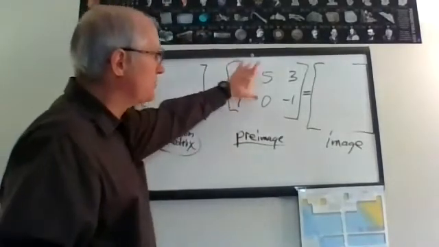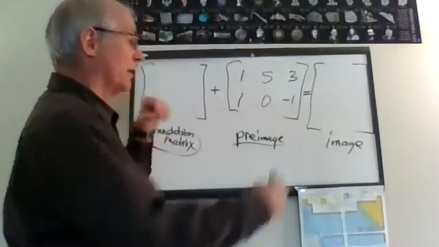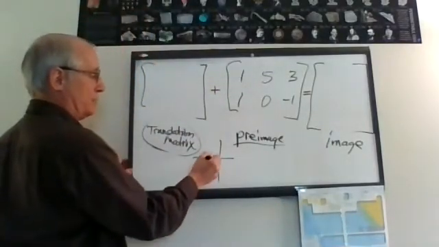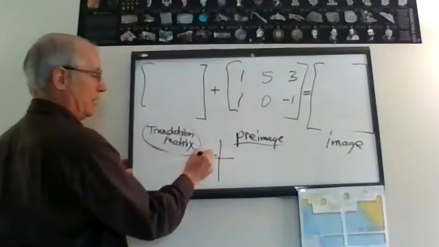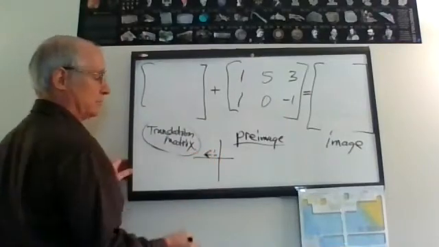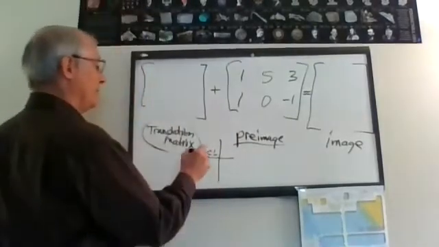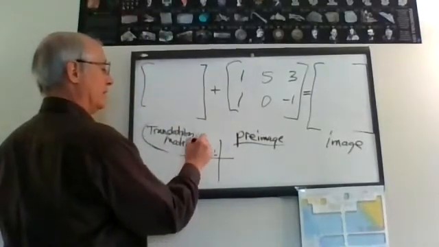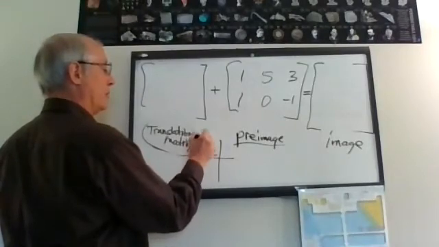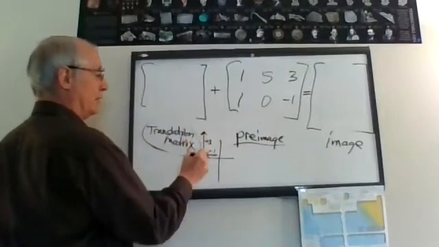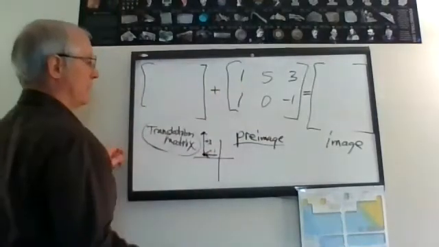So every one of these points has to go 1 unit left on the x-axis. This is the x-axis. If you move to the left 1 unit, that's -1. And if you're going 3 units up, that's +3 on the y-axis. So that's what we're doing to every point on here.